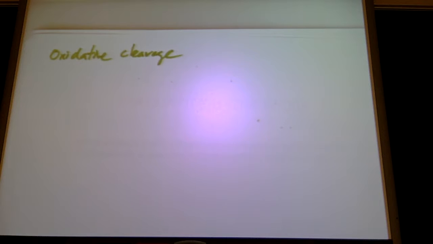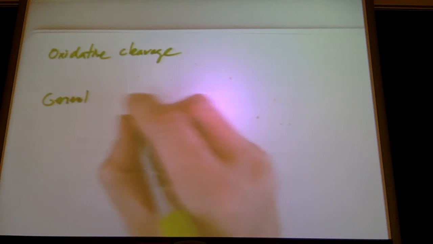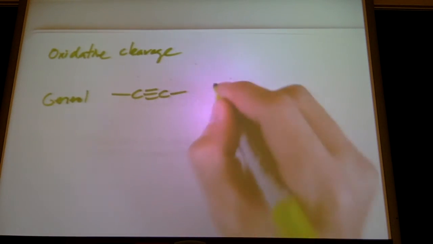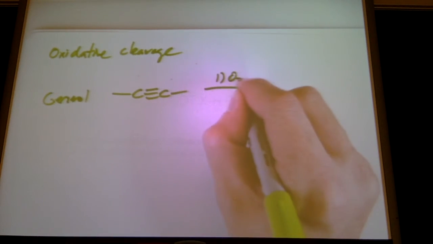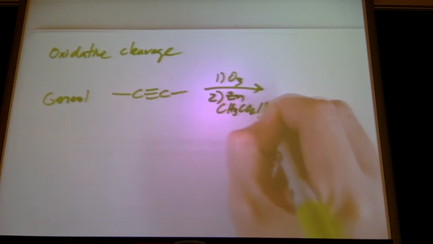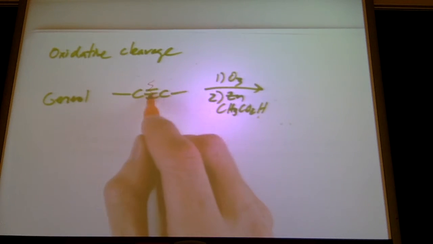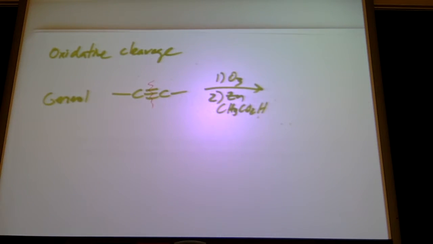Another reaction, we saw this reaction with alkenes as well, oxidative cleavage. So ozonolysis or hot acidic potassium permanganate. Remember, ozonolysis was ozone and steam. We see the same thing here, cleaving the triple bond.